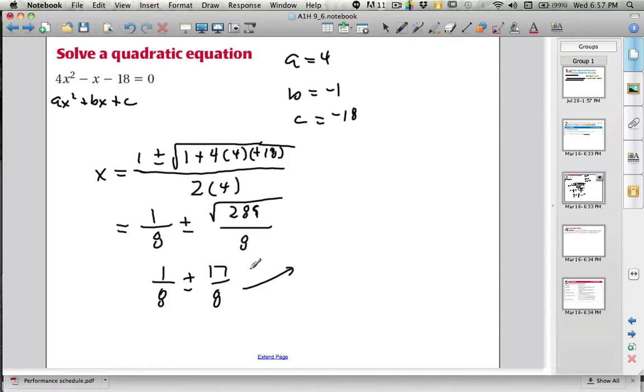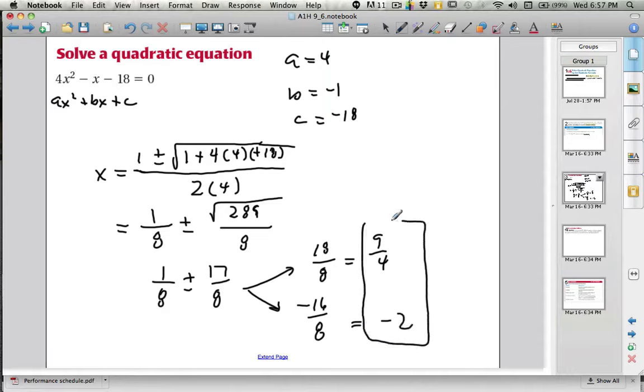And when I do plus, it's going to be 18 over 8, which is going to be 9/4. And when I subtract, it's going to be -16 over 8, which is -2. And these are my solutions.